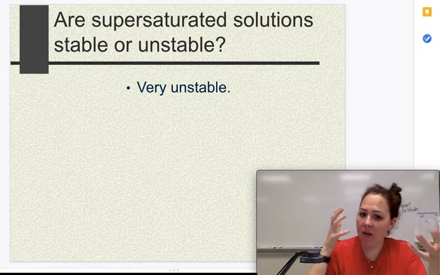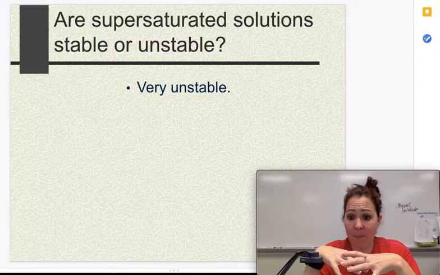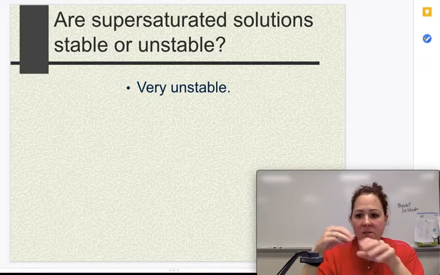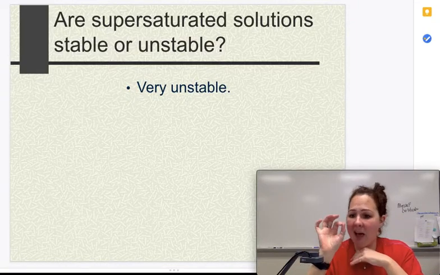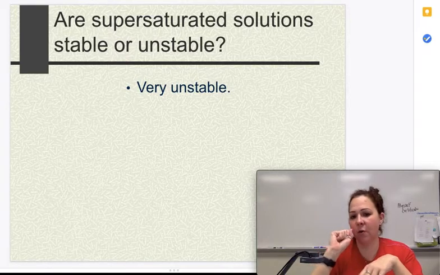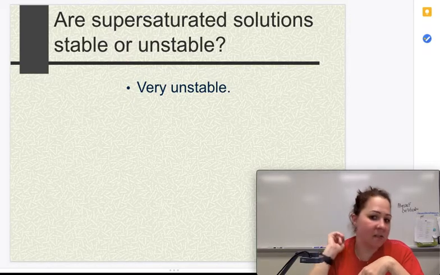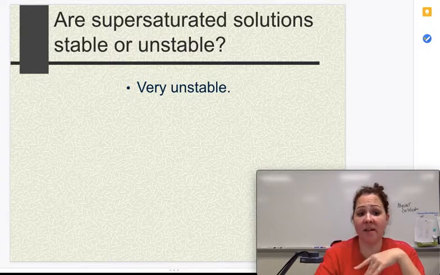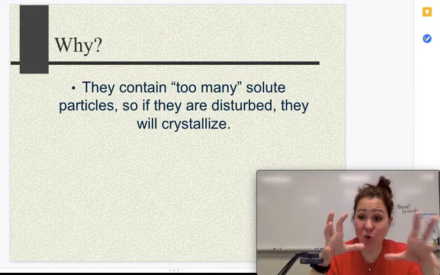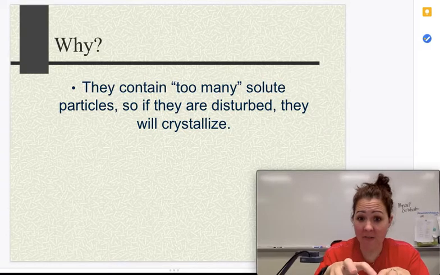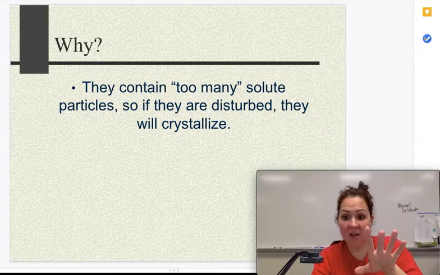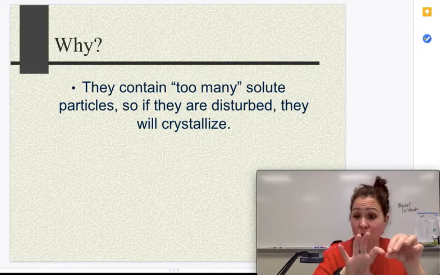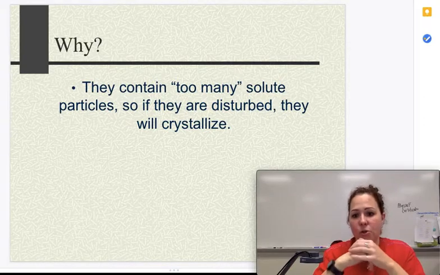So it's going to have a disturbance of some sort. A lot of times it's just moving it, or adding one more crystal to set it over the edge, or maybe a piece of dust hits the top of it. When that disturbance happens, the extra crystals, because there's too many of them, are going to crystallize out. So part of them stays in the solution, but the extra stuff goes out of the solution and crystallizes.